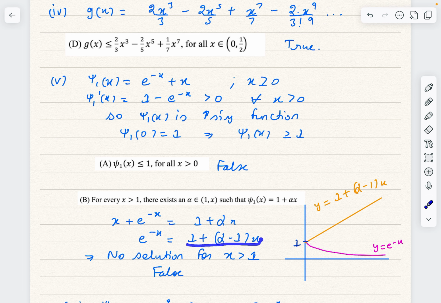See, alpha is also a changing value, but what we can say is alpha is more than 1. So if alpha is more than 1, this will be a line with positive slope. Value at 0 will be 1. Now, for x greater than 1, there can never be a solution. So it will be false.